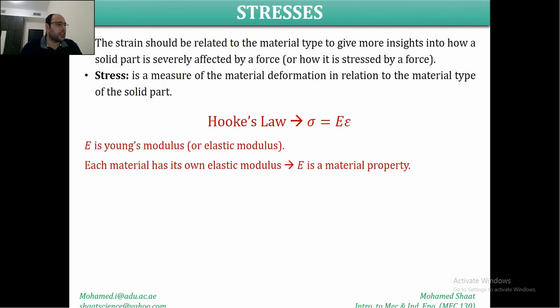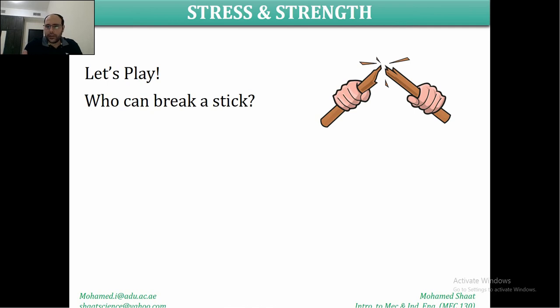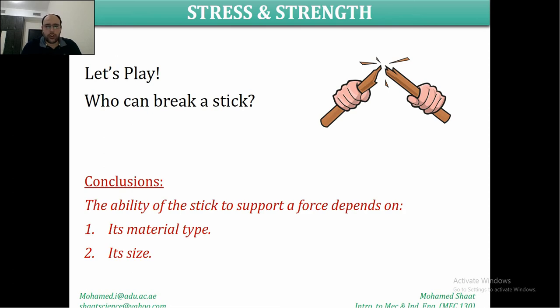The good thing about the stress is that it relates the force and the strain that it is going to generate within the material because of the applied force, in relation to the material type. And we discussed this trick or game in one of the videos: in order to break this stick, you should apply a certain force, and the ability of this stick to withstand the applied force depends mainly on two things: the size of the stick in addition to the material type.